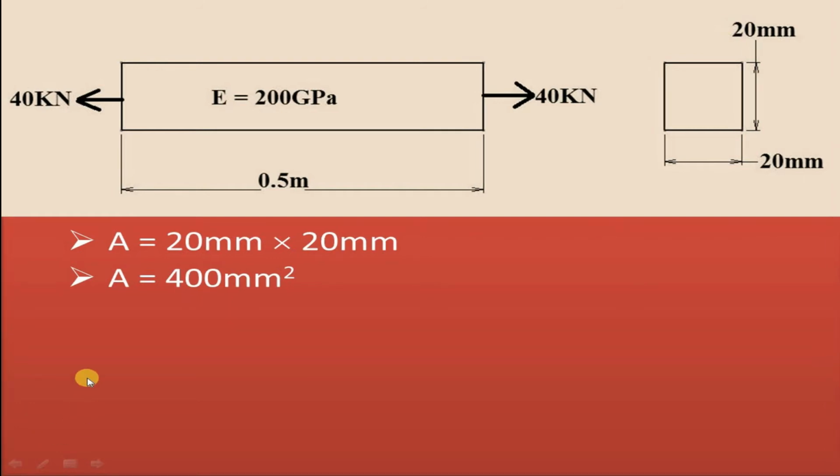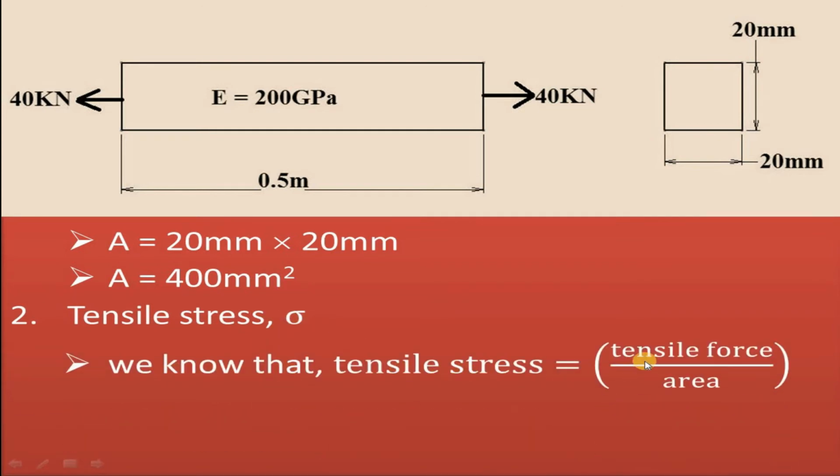Now we will find the value of tensile stress, which is taken as sigma. Generally, the basic formula for tensile stress is tensile force divided by area. In this problem, we know the value of tensile force and we know the value of area. So just substitute the values. We get sigma is equal to 40 kilonewton divided by 400 mm square.